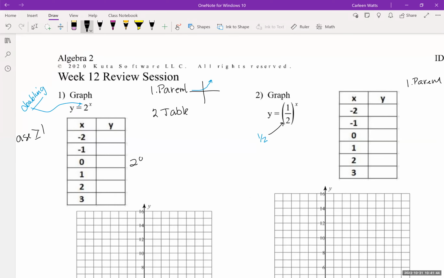What is anything to the 0th power? It is 1. You can check that with the calculator. 2 to the 1st power is 2. 2 squared is 4. 2 cubed is 8.